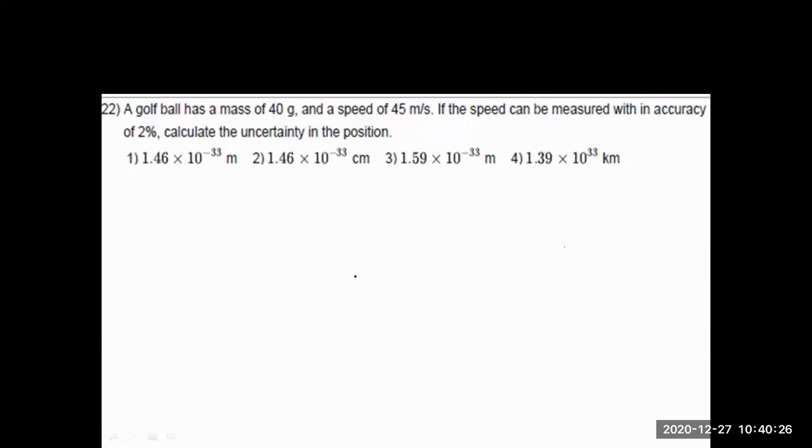Sir, option 3. 1.59 10 raised to minus 33.